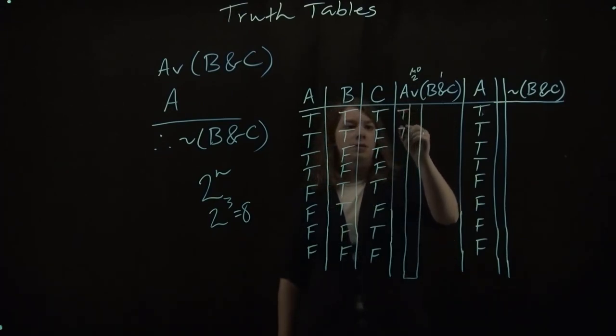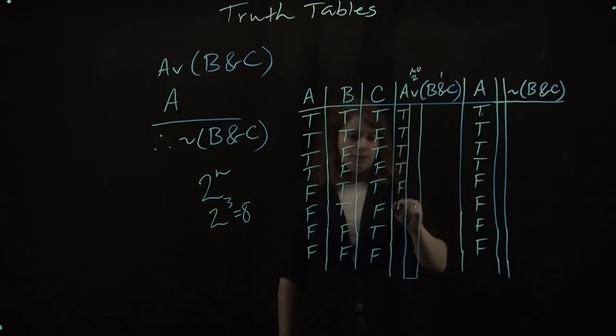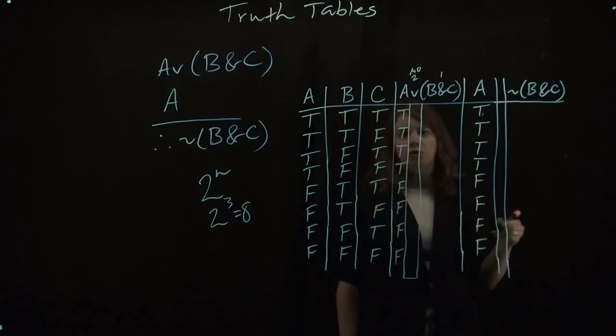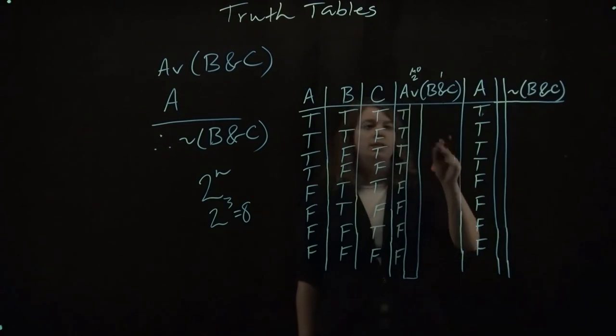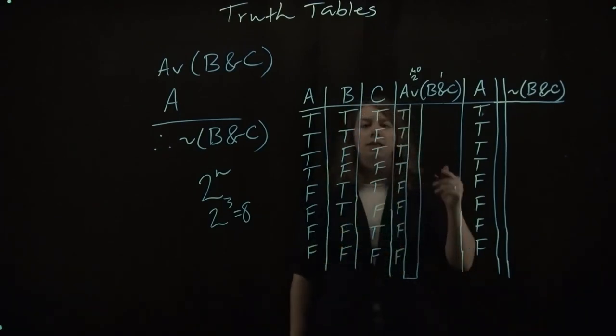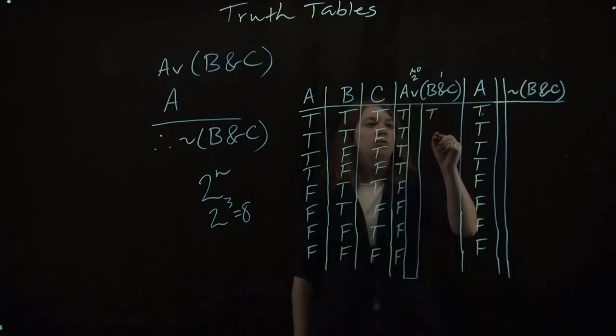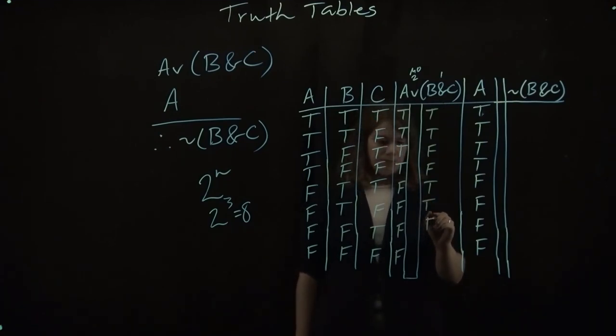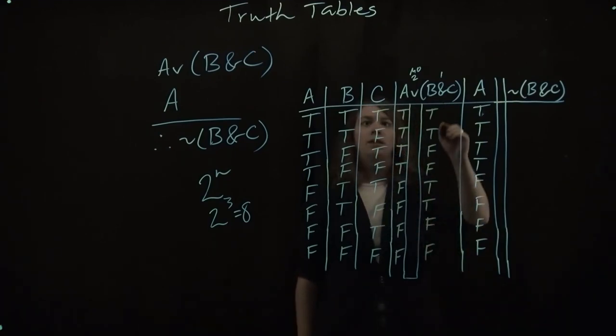So again, plug in all the truth values for A. I think it's important to show your work so you make sure you don't make any mistakes. I know it can make things look really cramped, but this is to help you make sure you don't get off track on a specific row. Plug in all the values for B here, and then all the values for C.